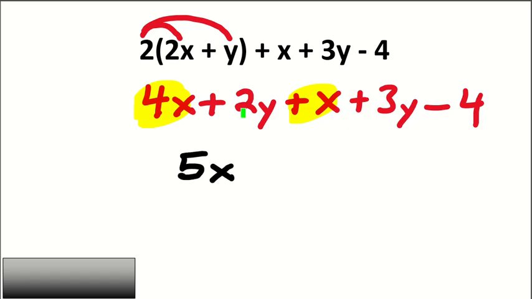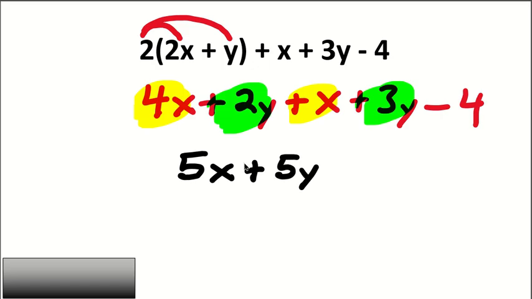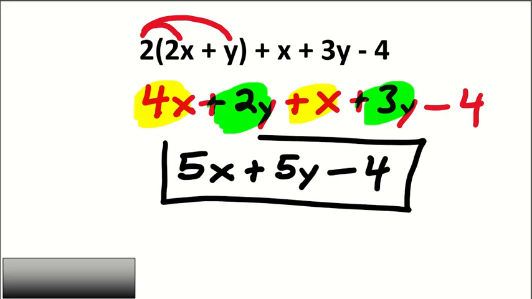Now, I have 2 y's. My bad, I can't read. And then I add 3 more y's to that. I now have 5 y's. And then minus 4 is all by itself. Nothing to combine it with, so we just drop it down. And just like that, folks, we have simplified this expression.